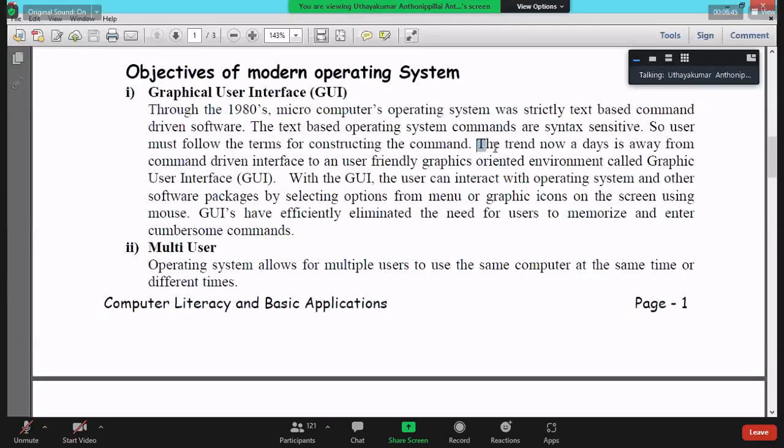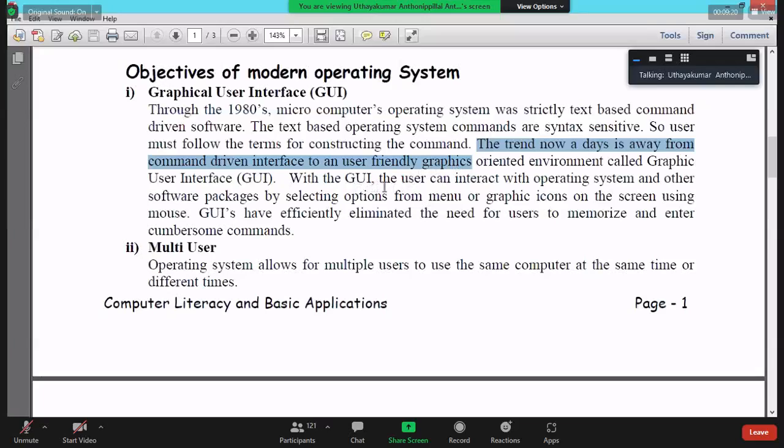The trend nowadays is away from command-driven interfaces to a user-friendly, graphical-oriented environment called the graphical user interface. Earlier we used command-driven programs, where you had to put in the command and could only work through it. Now we are familiar with the GUI.